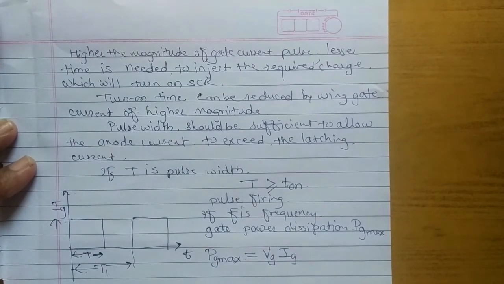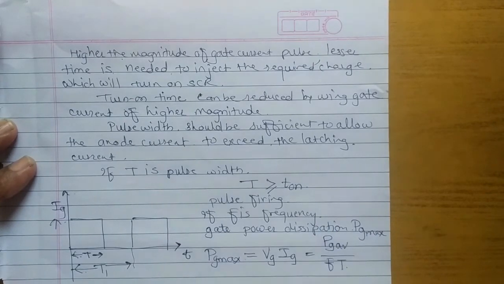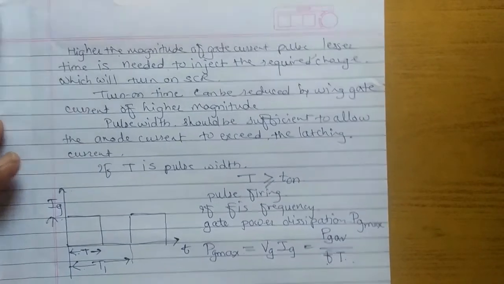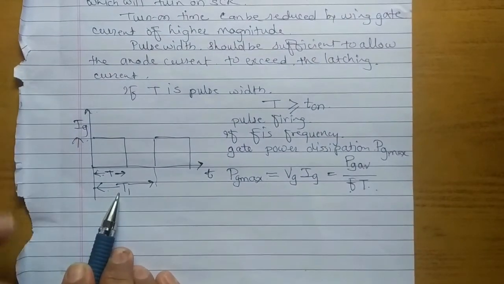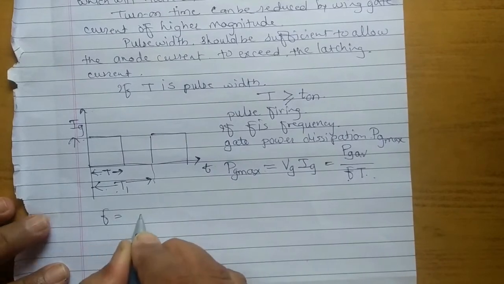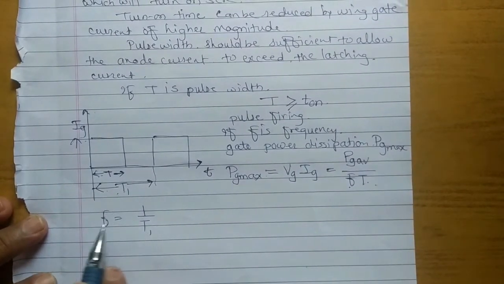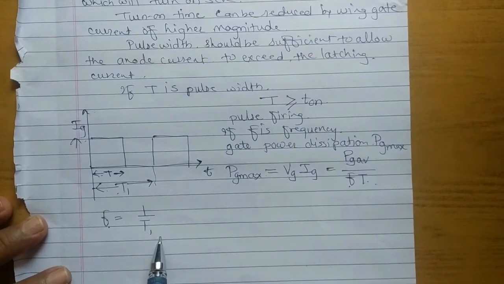And this can be written as PG average divided by F into T, where F is the frequency of the pulse and T is the pulse width. So by observing this figure, I can write frequency is equal to 1 upon T1. See here, I have written frequency is equal to 1 upon T1.